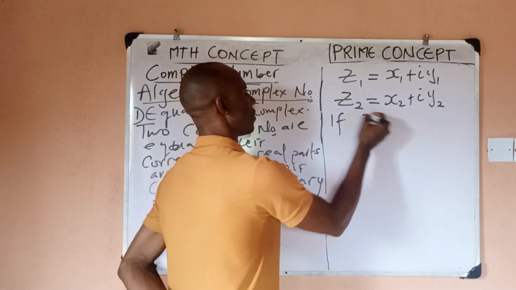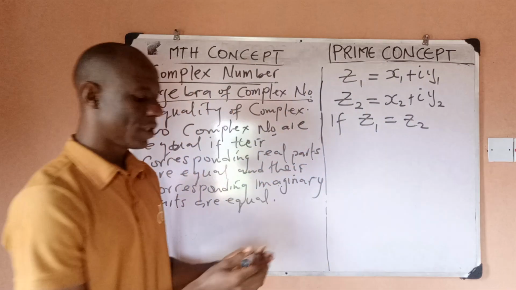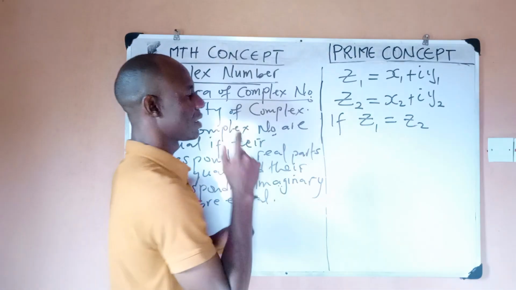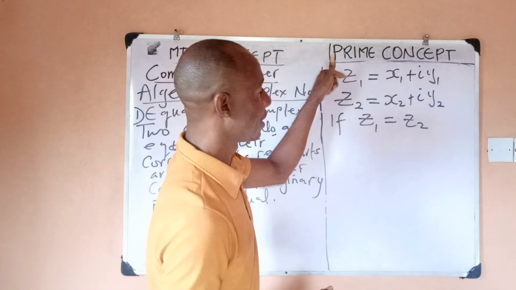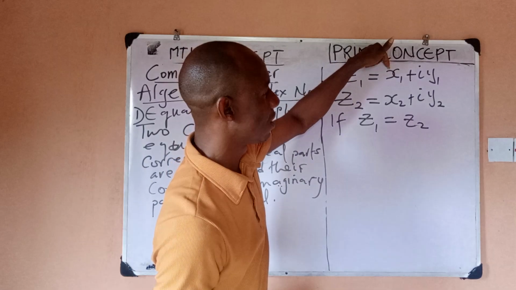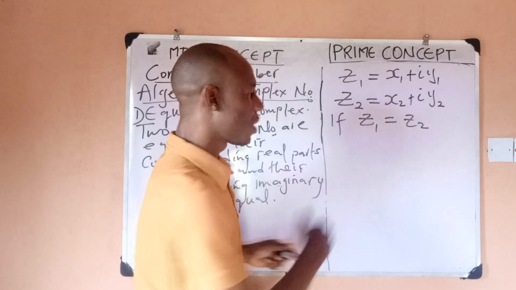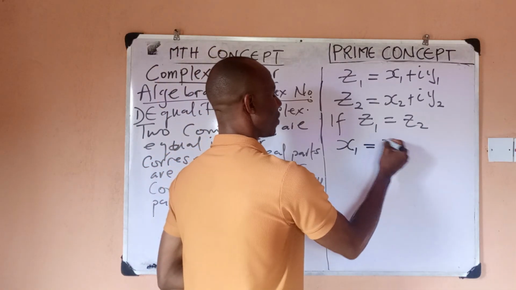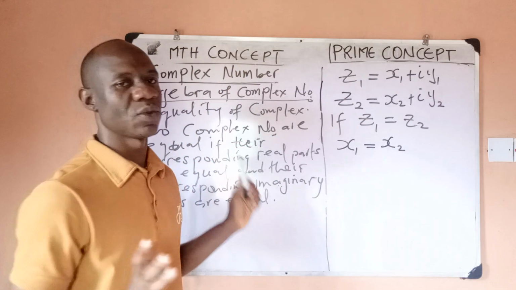If z1 is equal to z2, what it actually means is that their corresponding real parts are equal. The real part of z1 is x1. The real part of z2 is x2. So x1 should be equal to x2. Their real parts are equal.